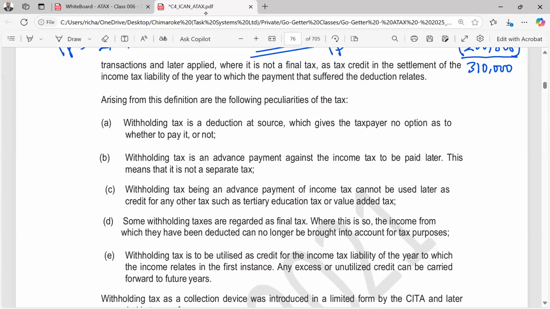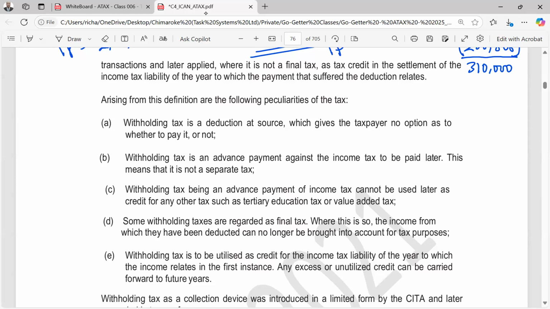That credit note cannot be used to go and say, okay, I have made deposits, I'll use it to clear CITN. No. It's only that advance payment of the one you paid that is being used. So withholding tax is an advance payment of CIT and cannot be used to offset education tax or VAT.